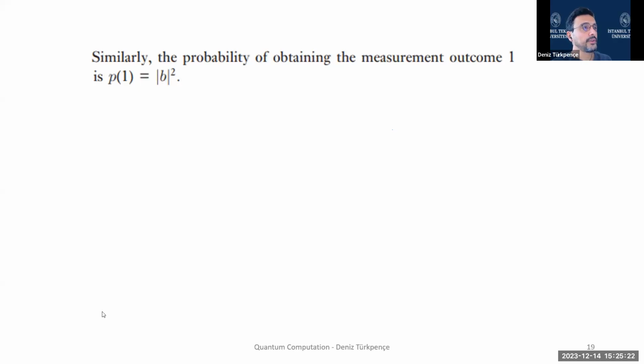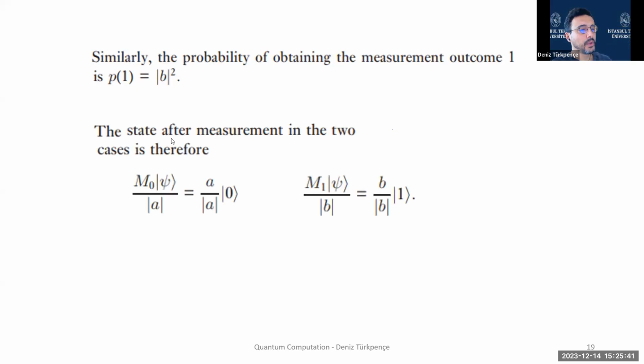And of course, similarly, the probability of obtaining the measurement outcome 1 is here going to be B modulus square, and the probability for measurement outcome 0 is going to be A modulus square, okay?